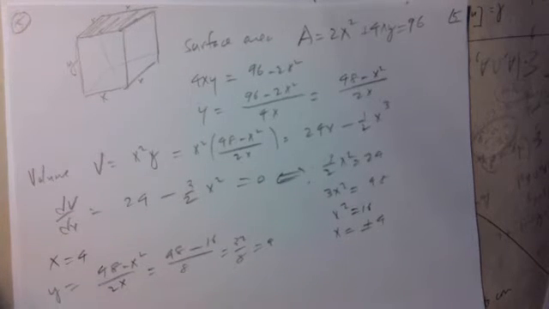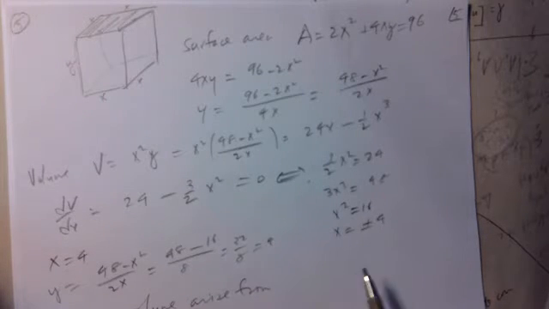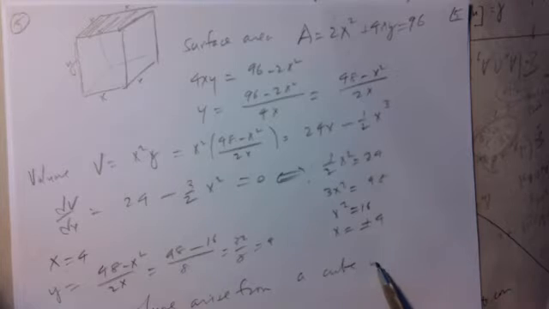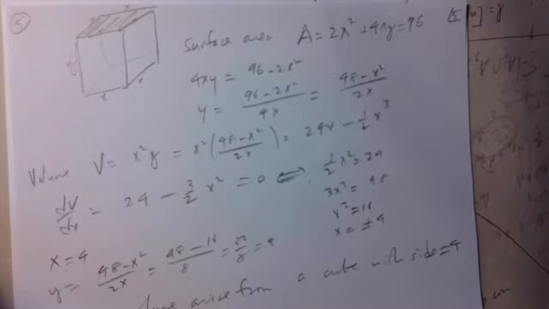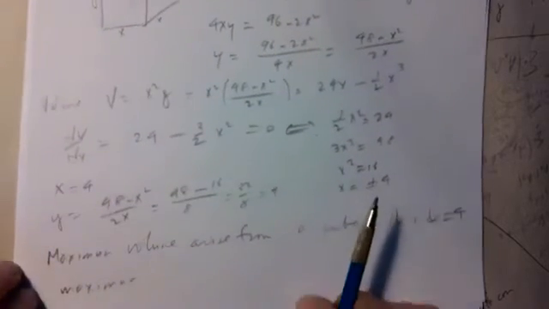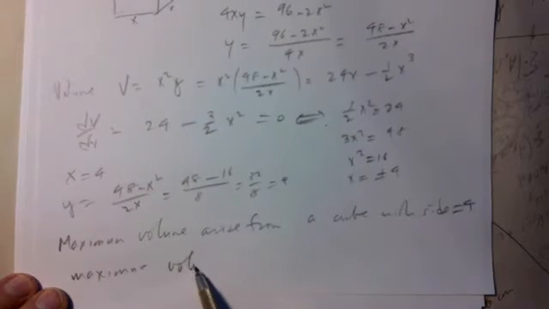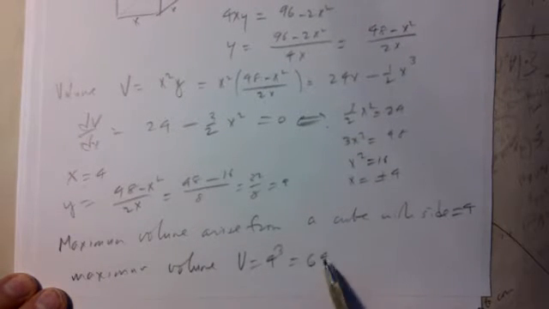So the maximum volume arises from a cube with all sides equal to 4. And the maximum volume itself is 4 cubed, or 64.